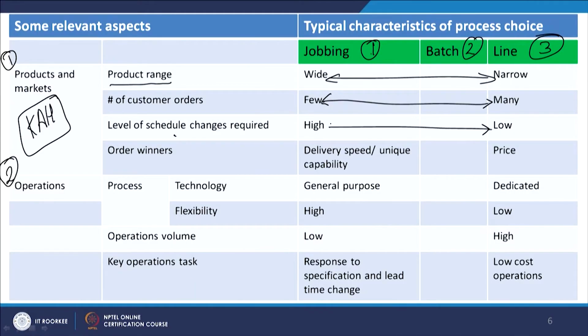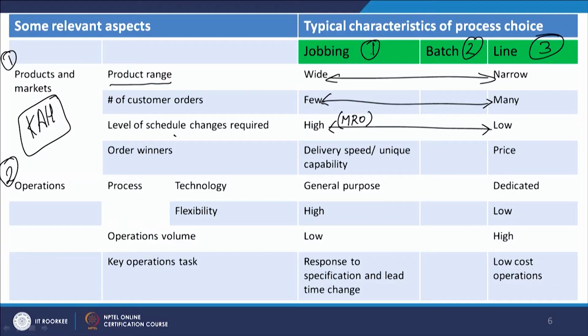change in your production planning, and there can be again a spectrum of regular changes and low changes, whether your system has a requirement of frequent changes. So, if you are serving emergency customers, if you are an MRO kind of organization, in that case you may have frequent changes in your planning, as per your emergency customers.